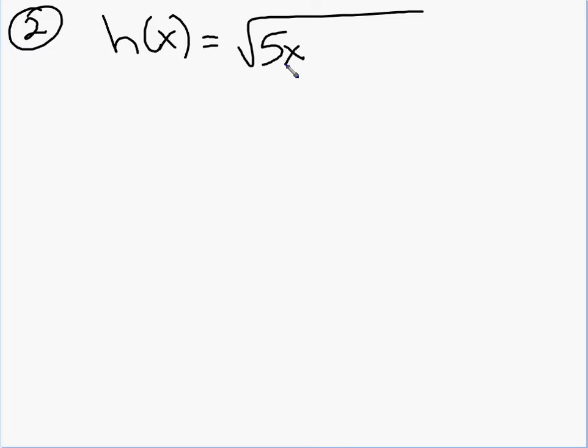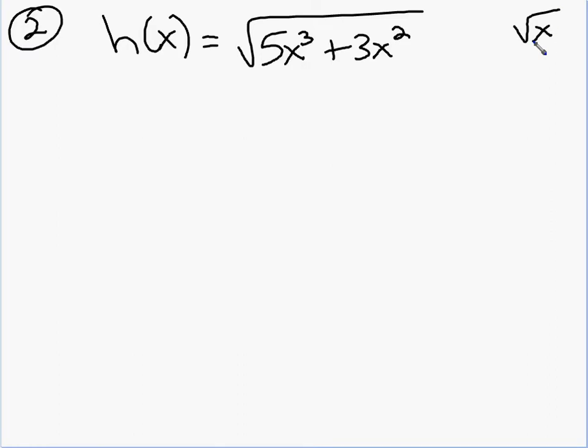What if h of x is equal to the square root of 5x cubed plus 3x squared? Now, remember what I told you. You have to be able to recognize when to use the chain rule. Do you see that this is much different than just the plain old square root of x? Right?